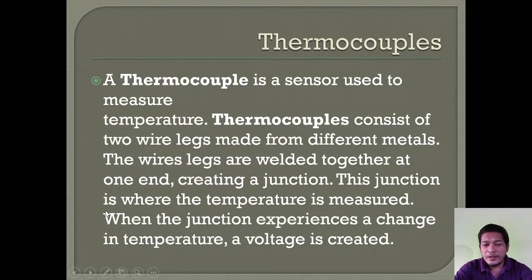This junction is where the temperature is measured. When the junction experiences a change in temperature, a voltage is created. Usually we use this voltage as input to our processor or processing device.